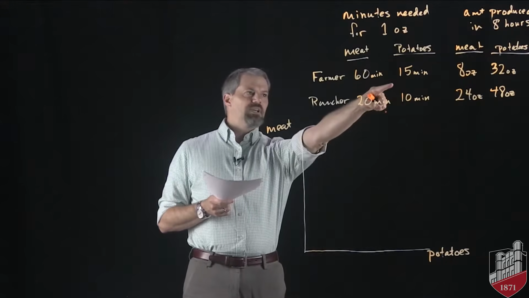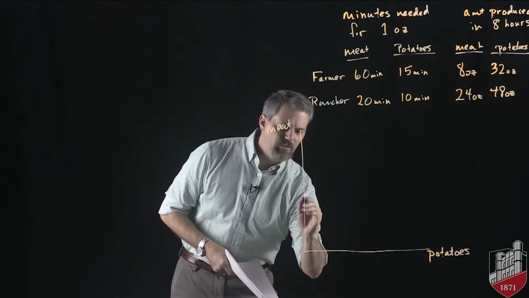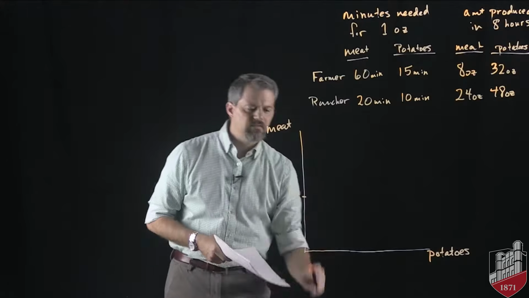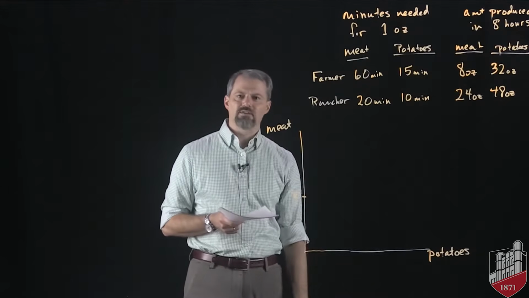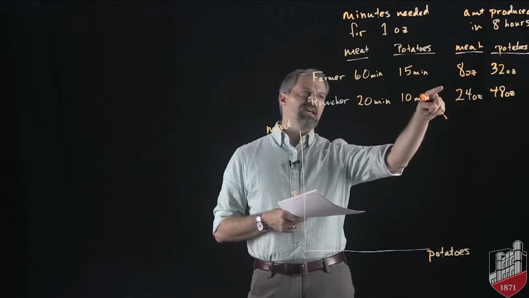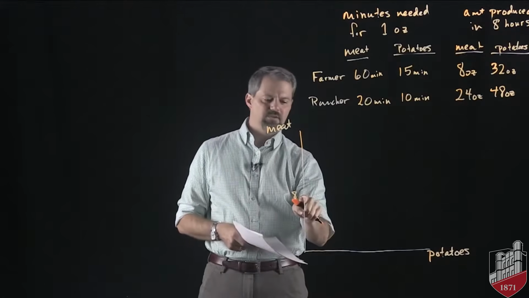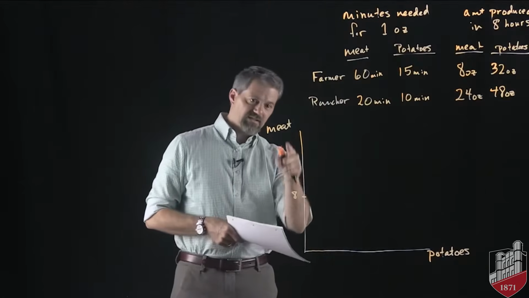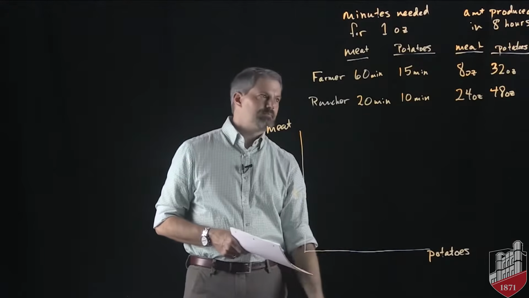If the farmer spends all of their time making meat, they can make 8 ounces. So we'll put that right here. There's 8 ounces of meat. That's going to be a point on the farmer's production possibilities frontier. Now, if the farmer spends all 8 hours making meat, there are no hours left over to make potatoes. So this point has coordinates 8 ounces of meat, 0 ounces of potatoes.